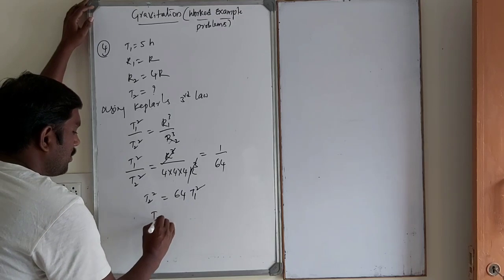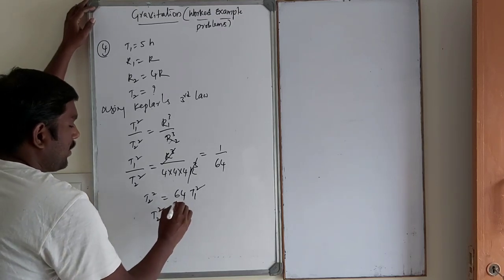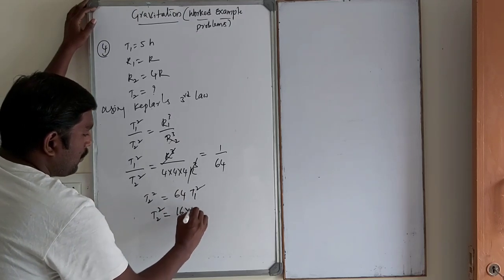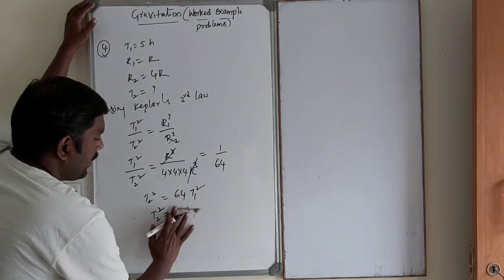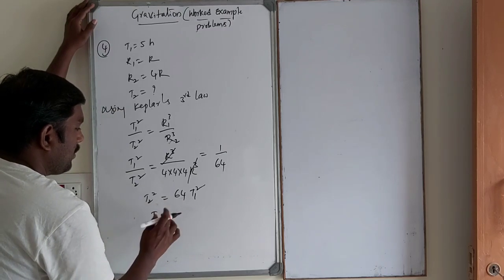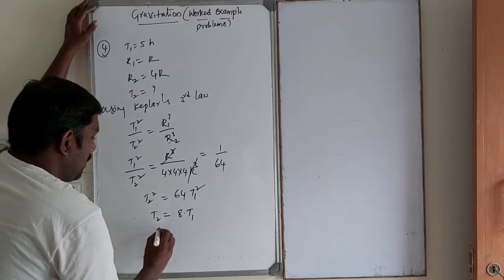So T2 square is equal to 64 T1 square, so T2 is equal to 8 into T1. Okay, so clear.